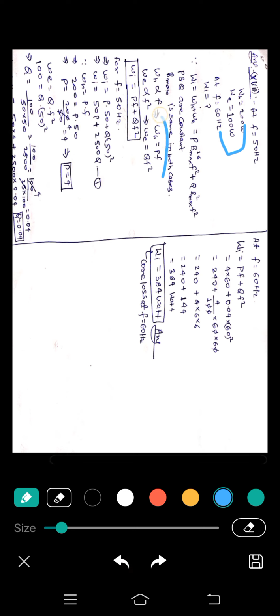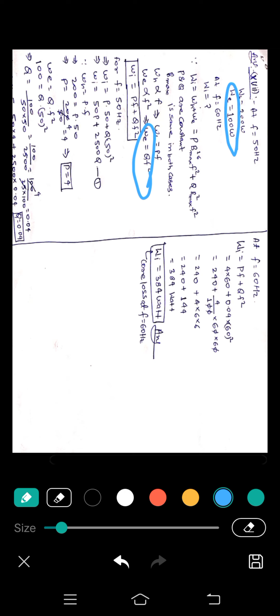For hysteresis loss, WH is equal to P into F. That means WH is 200, which is equal to P into 50. Here P is 4, since 200 divided by 50 is equal to 4. And WE is equal to Q into F square. That means WE is 100 watt, so 100 is equal to Q into 50 square.